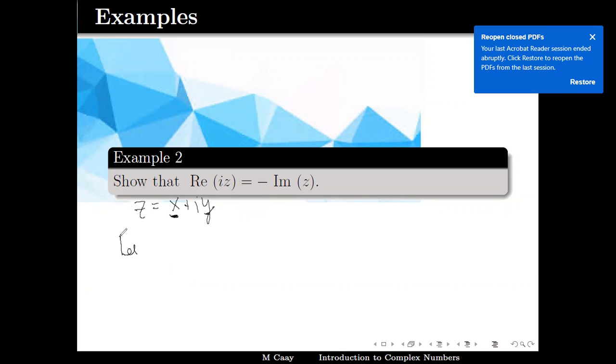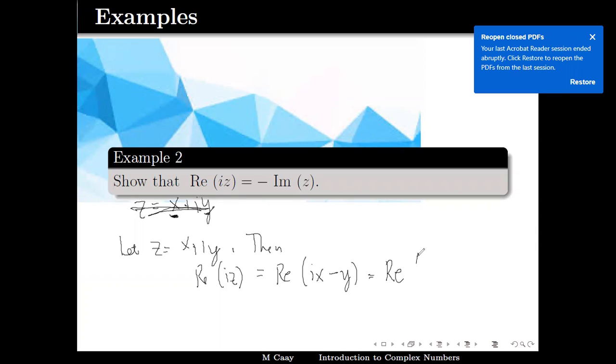To show that, let z equal x plus iy. Then Re of iz is the same as Re of ix minus y, right? And so this is the same as Re of negative y plus ix.